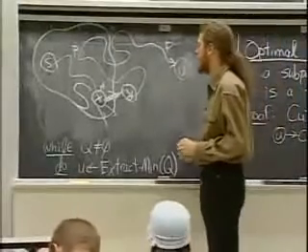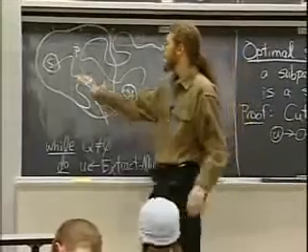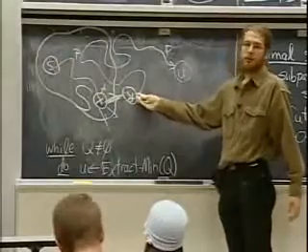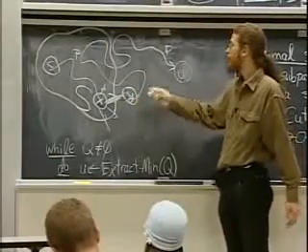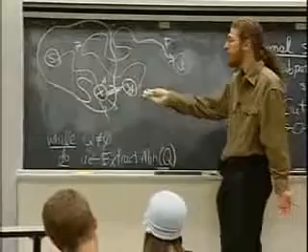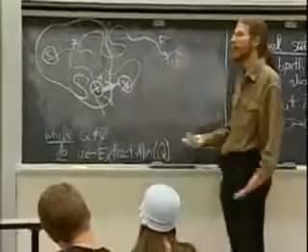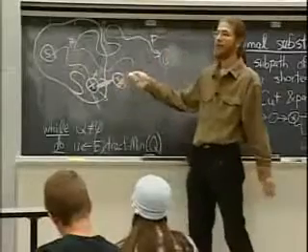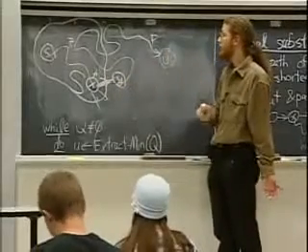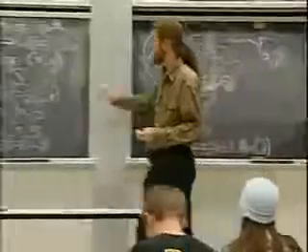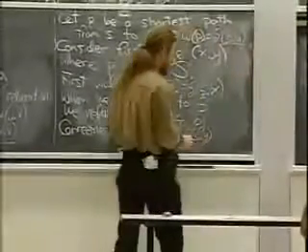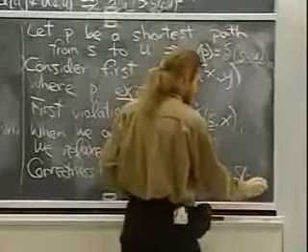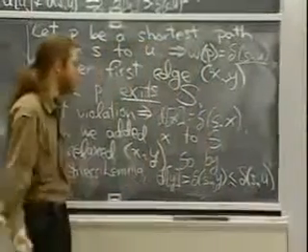But what do we know about this shortest path from S to y? Well, it could only be shorter than from S to u, because it's a subpath of a shortest path. The shortest path from S to y has to be less than or equal to the shortest path from S to u. Okay, S to y less than or equal to S to u, just because it's a subpath.